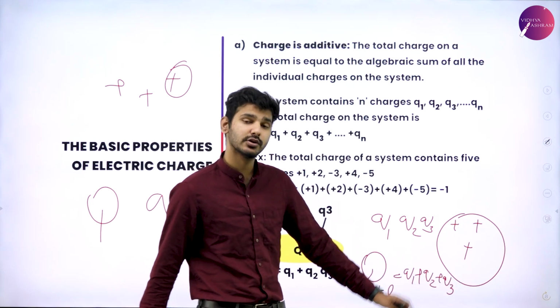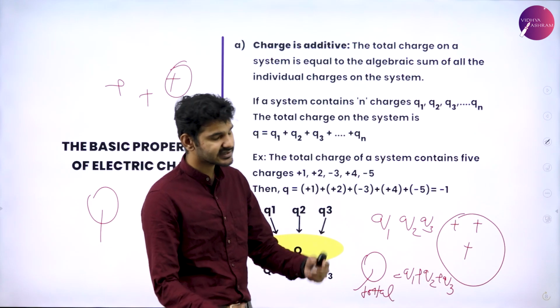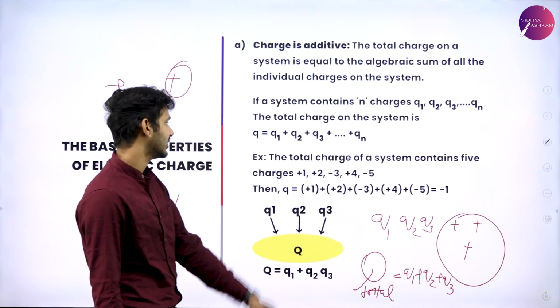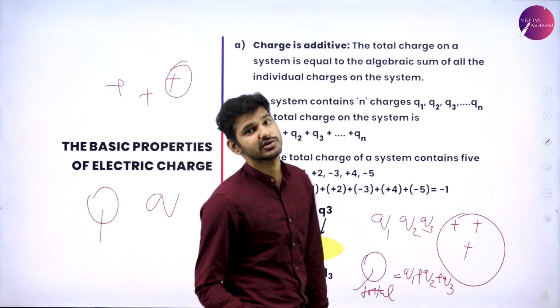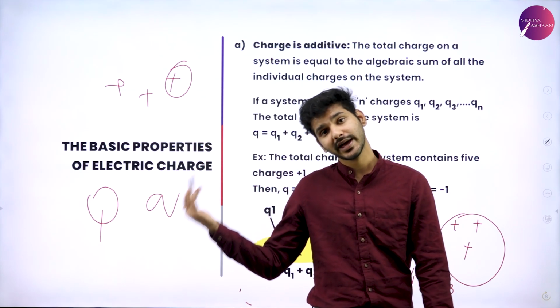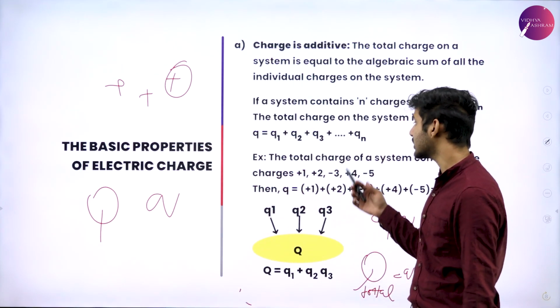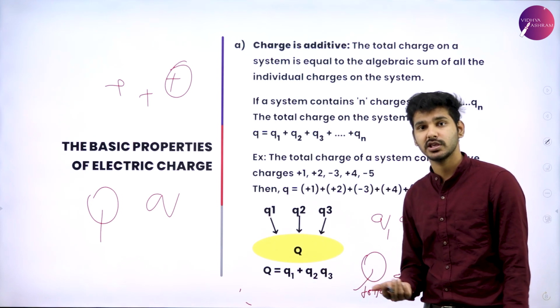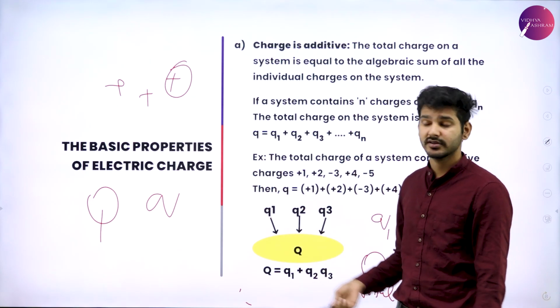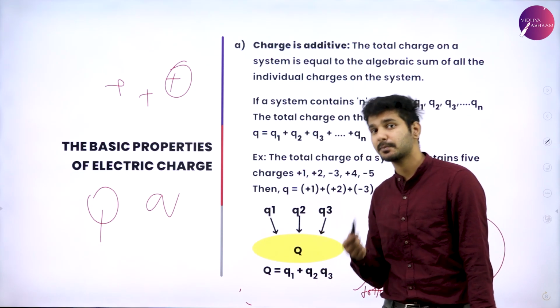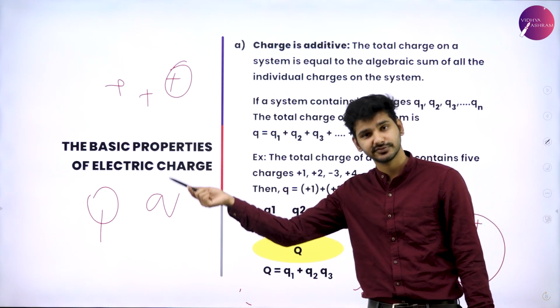That is just how we can add charges. So if a system contains n charges, 1, 2, 3, 4, etc. up to n, then the total charge on that system will be equal to Q1 plus Q2 plus etc.